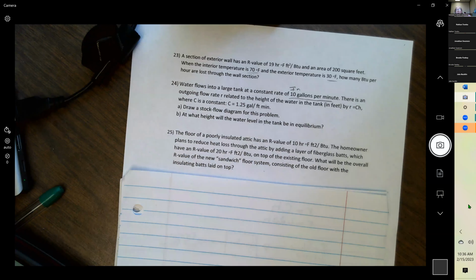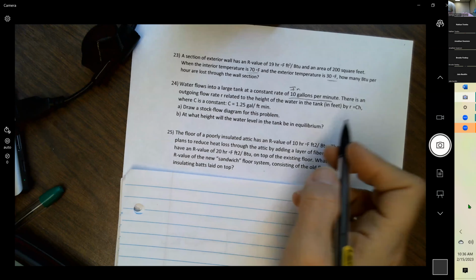Well, if you have an R rating of a batting, and then you add another one on top of it and another one on top of that, you can just add them. Because each one is making another barrier. It's not a fraction of it. You can actually just add them together.